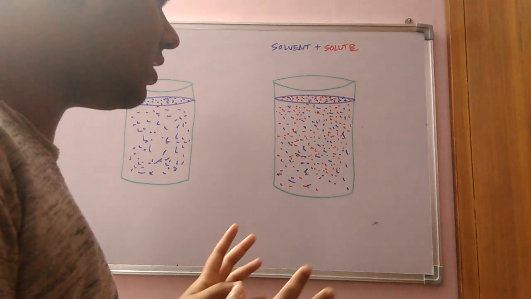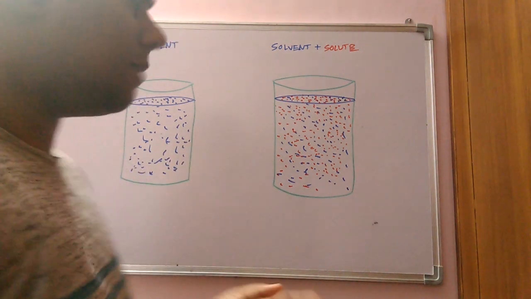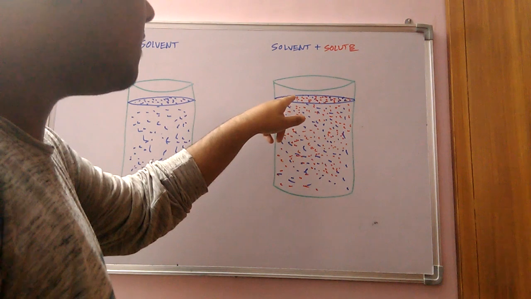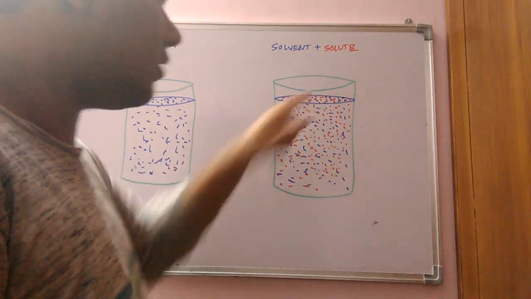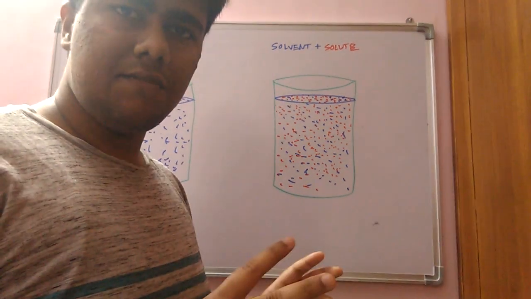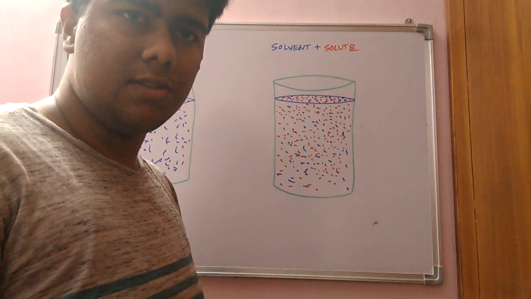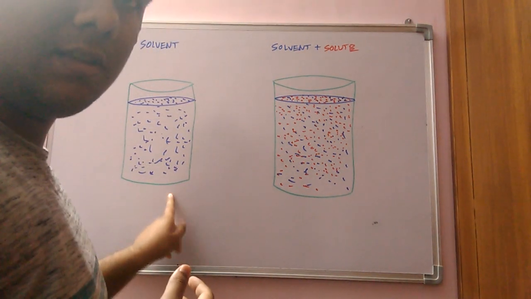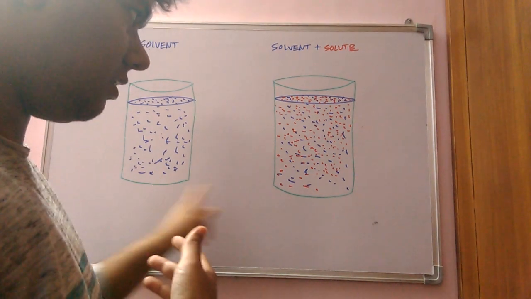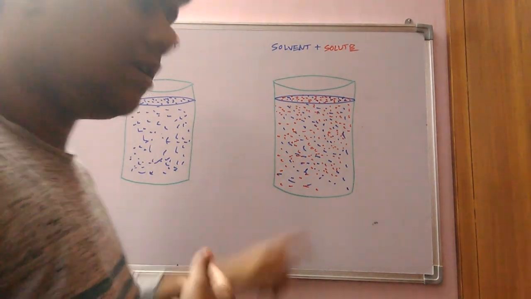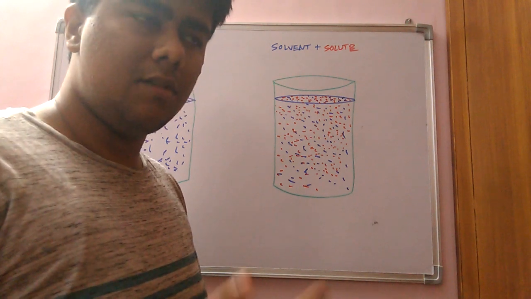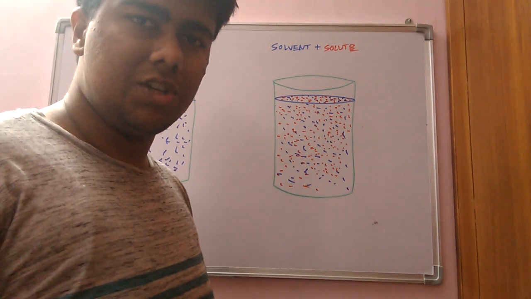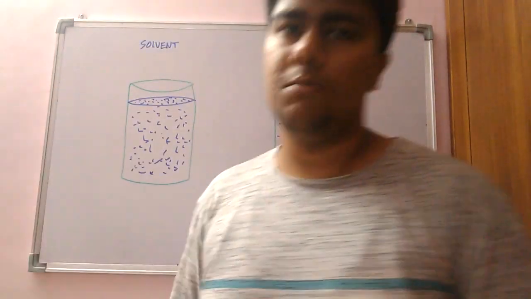Their way is not obstructed by any solute molecules. But in this jar, we do have the solute molecules that decrease the surface area for the solvent molecules to vaporize. So the rate of vaporization of this is greater than the rate of vaporization of this. So hence we have the relative lowering in vapor pressure and rise in boiling point.